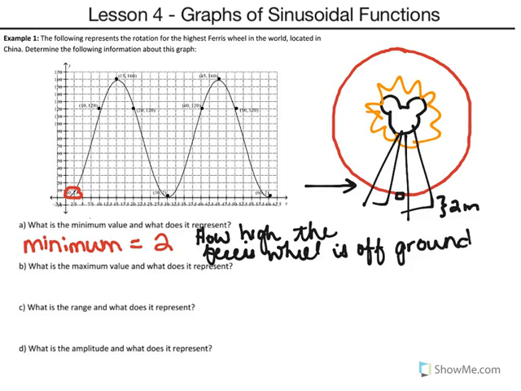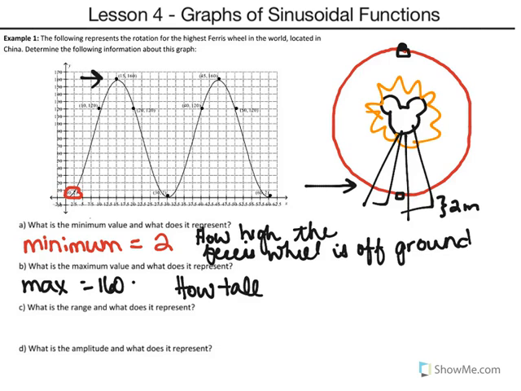So the maximum point would be right here on top of the Ferris wheel and at 160. And what that represents is how tall the Ferris wheel is. And that's how high the cart that you're traveling in gets when you're at the top.